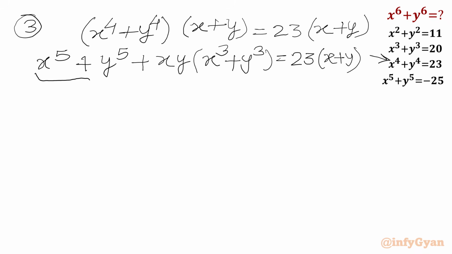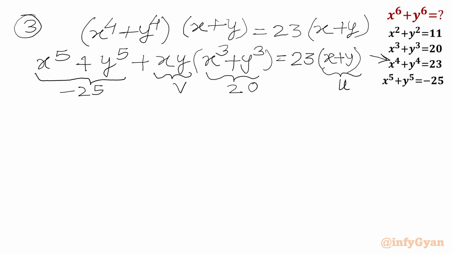Now x power 5 plus y power 5, equation number 4, value will be minus 25. xy is our substitution v. x cube plus y cube is equation number 2, value is 20. x plus y is substitution u.